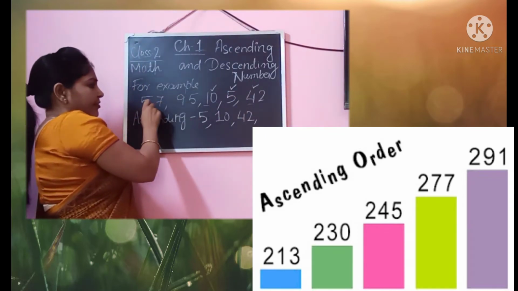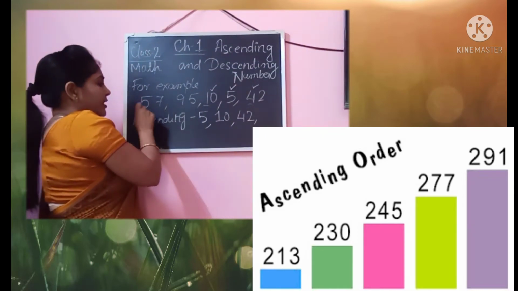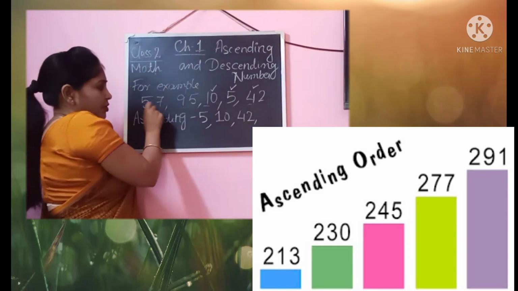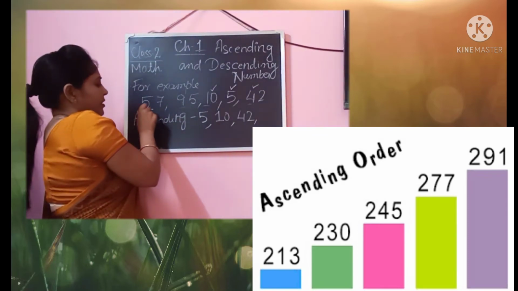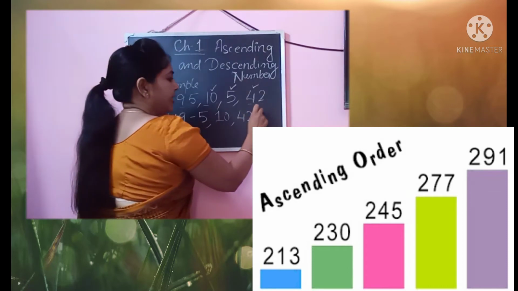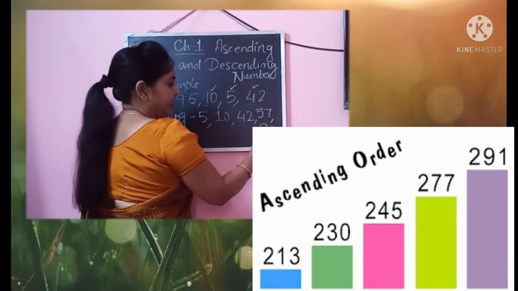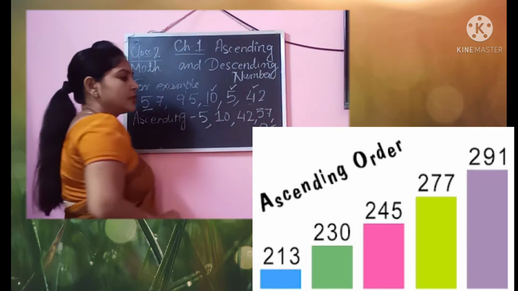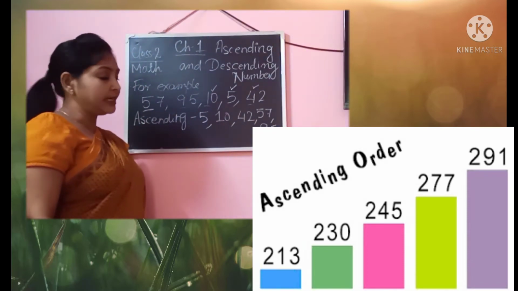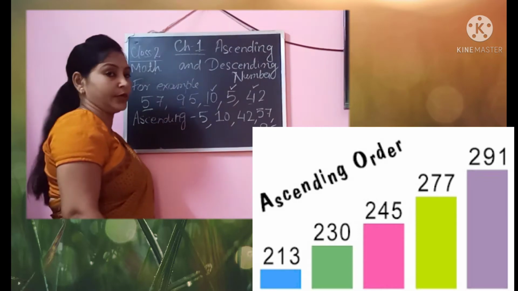Now we are left with these 2 numbers. Among these 2, which one is the smallest? This 5 is smallest. We will write here 57 and the biggest number is 95. So these are the numbers arranged in the ascending order.